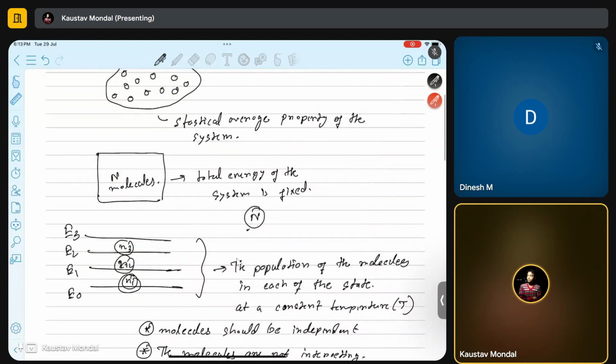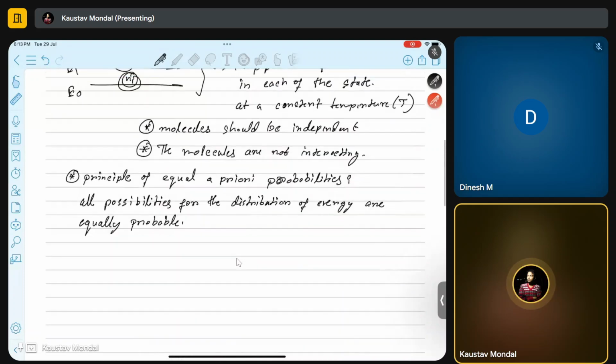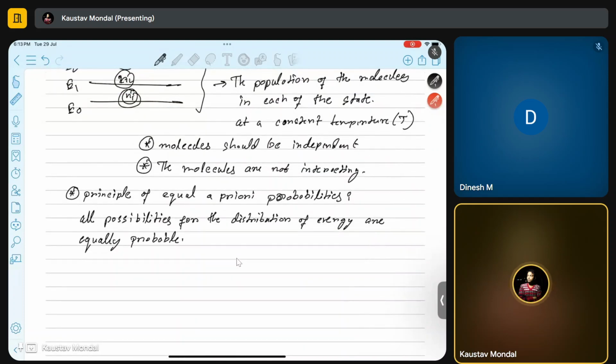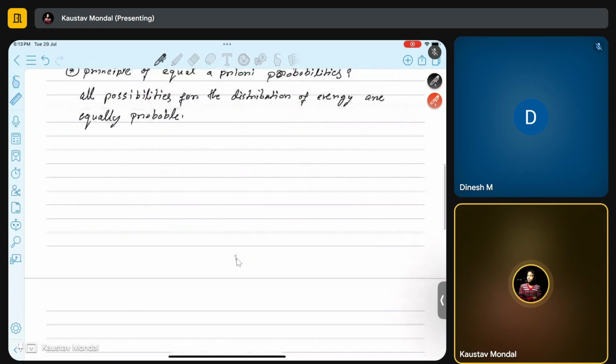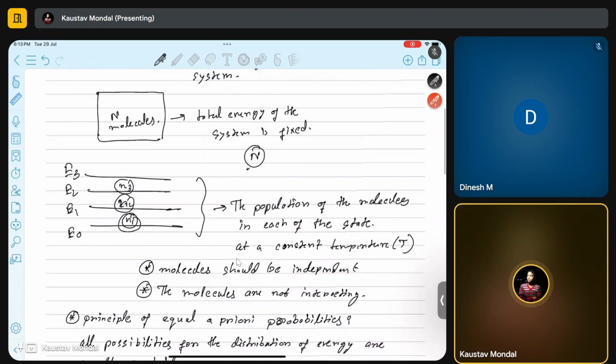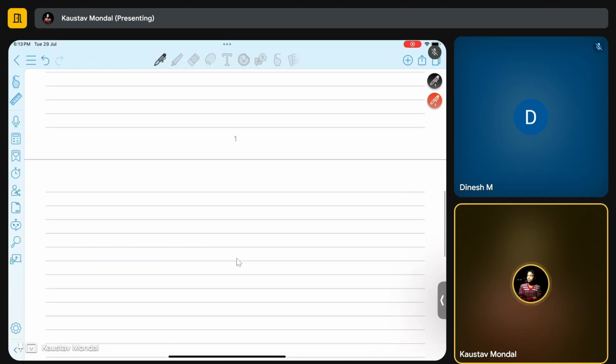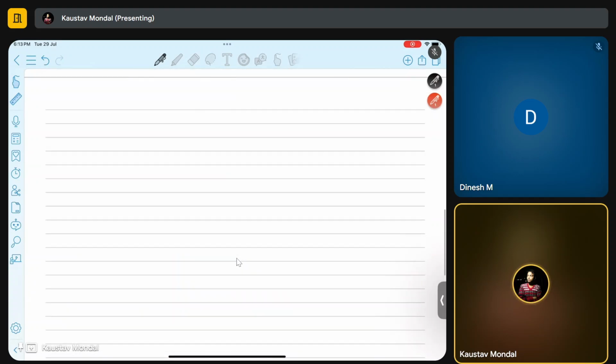Why do we need to study statistical mechanics? What are the things that we want to interpret using statistical mechanics? Now we have all this in our hand. Now we will discuss, in order to solve numerical problems, some of the concepts that we need.